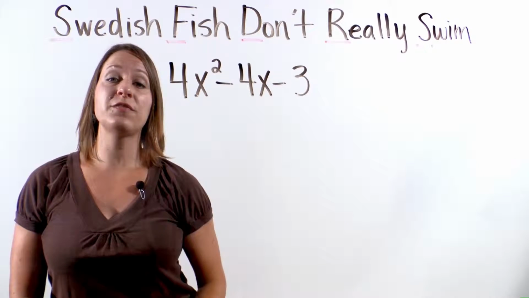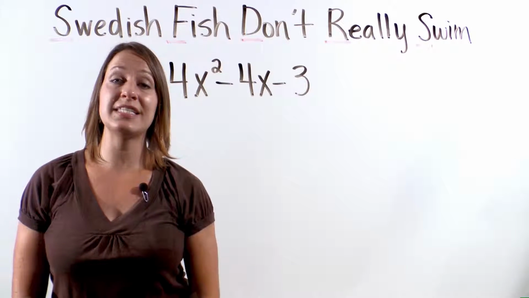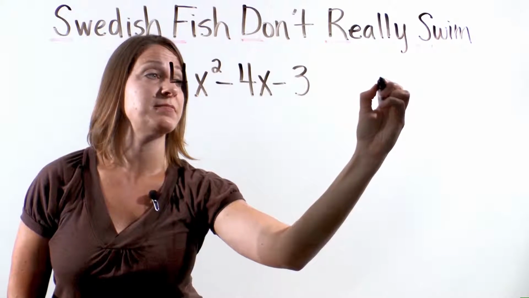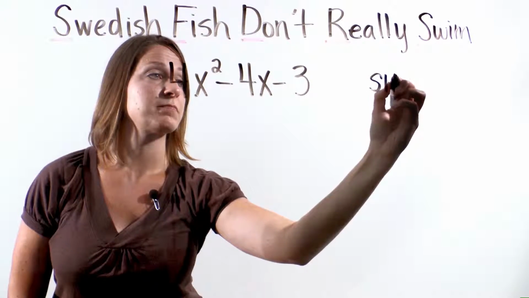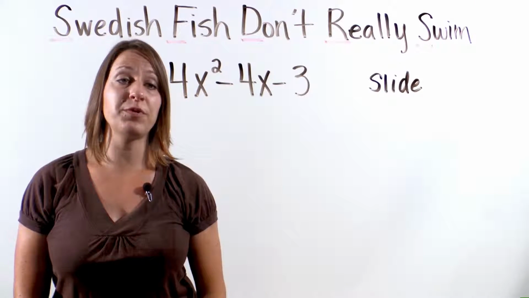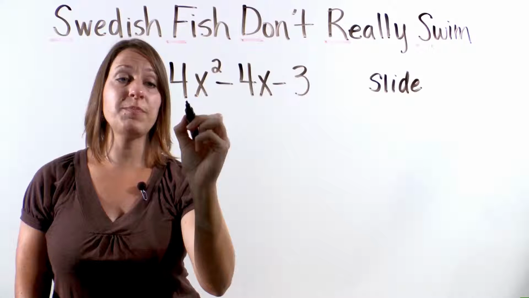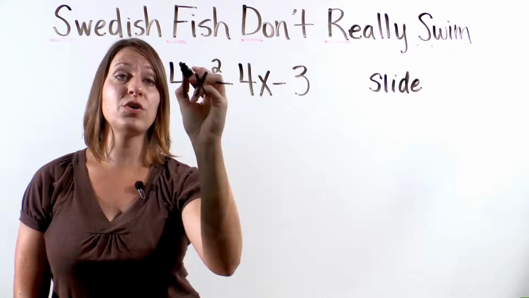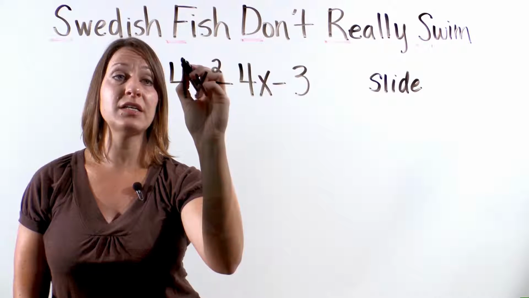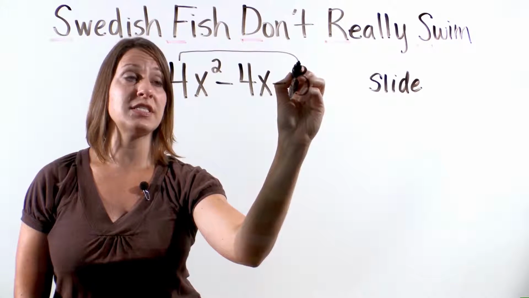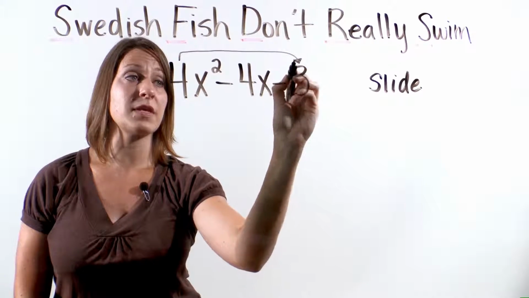The first letter is the letter S. It's going to stand for the word slide. This step refers to, we're going to pick up our 4, which is our leading coefficient, and slide our 4 to the very end of this term, to the 3.